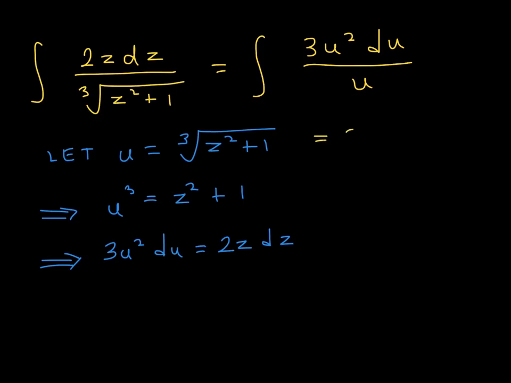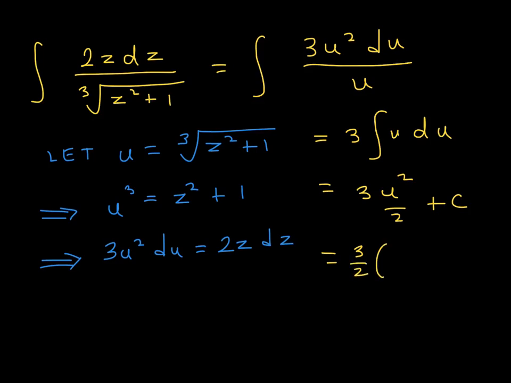So then this is equal to 3 times the integral of just u du. Wow, that's nice. So then this is 3 times u squared over 2 plus c. That is to say, 3/2, let's back substitute, u is equal to the cube root of z squared plus 1.